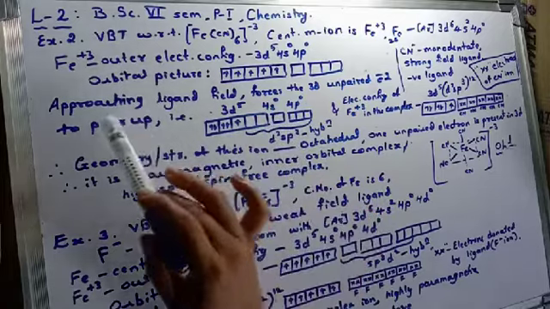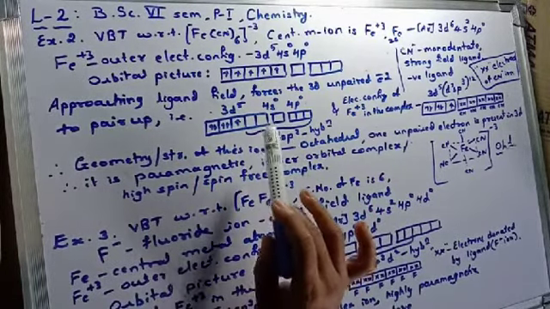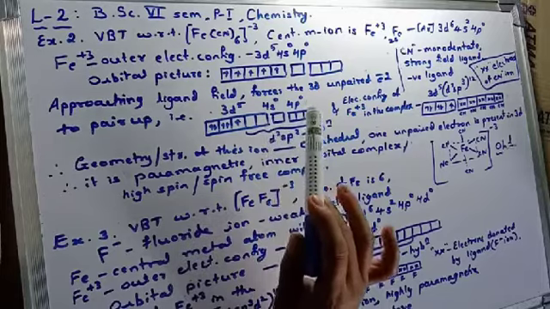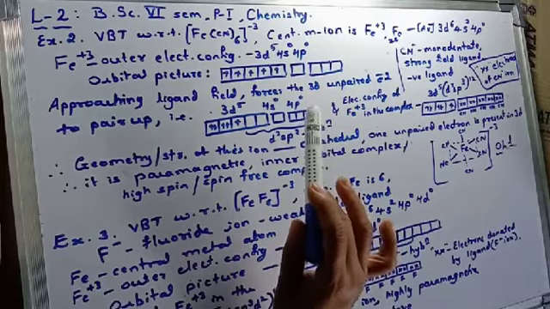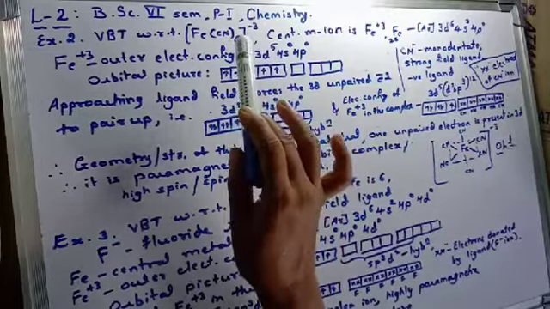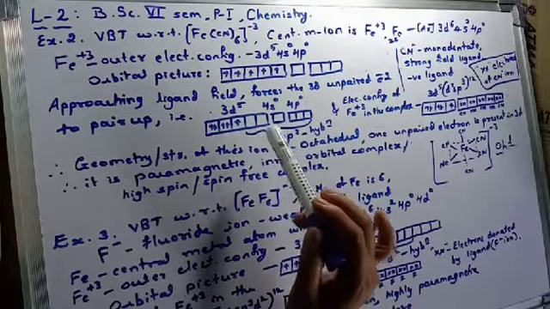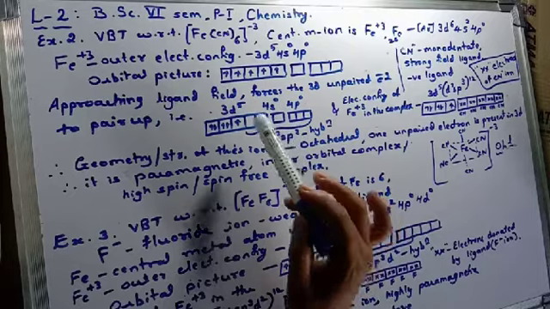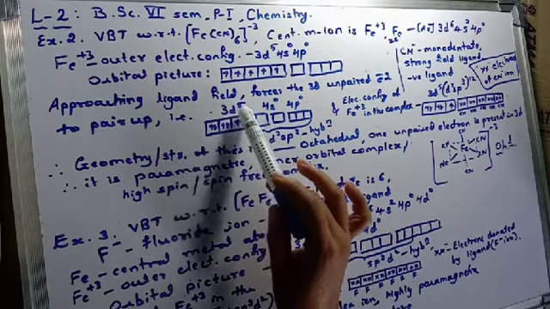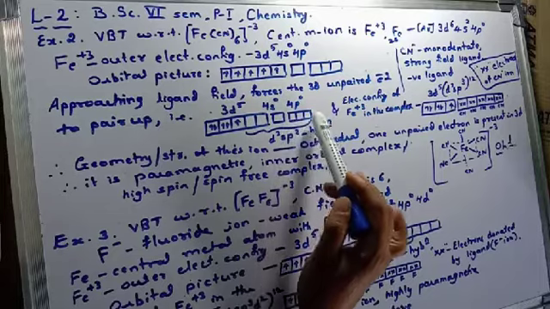Now the metal ion, according to the first postulate, keeps ready 6 atomic orbitals to accommodate the electrons which are donated by the ligand. The 6 atomic orbitals are 2 of 3d, 1 of 4s and 3 of 4p.